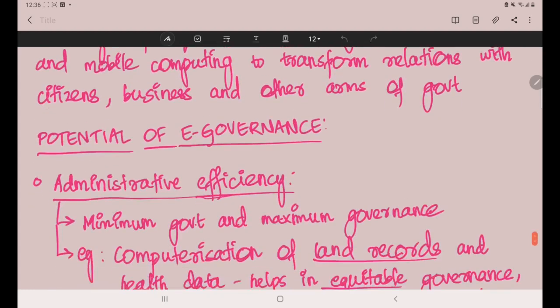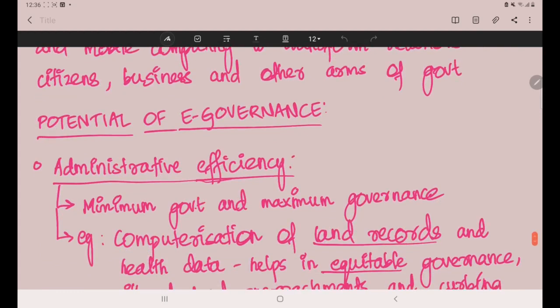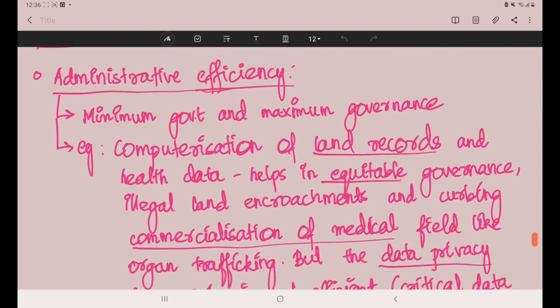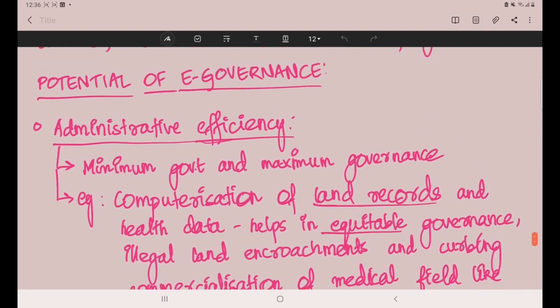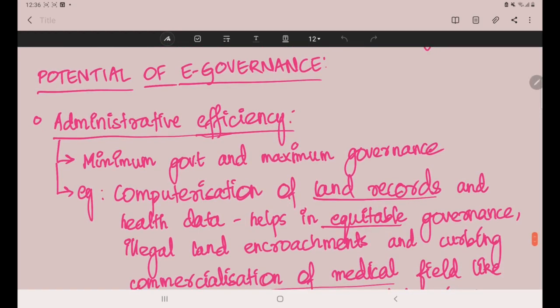Okay. Then next is the potential of e-governance and how it is being misused. So I have taken some subheadings and explained with one example. The first point is with respect to administrative efficiency, what is the potential of e-governance? If you are relying upon e-governance, it is in line with minimum government and maximum governance.